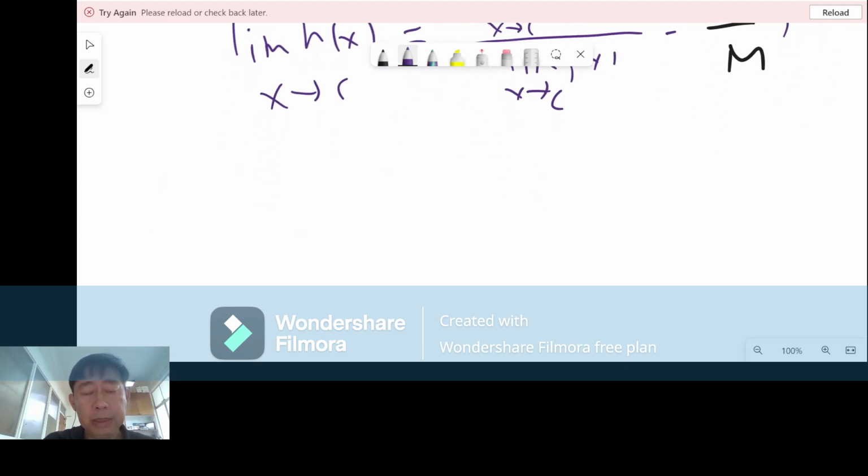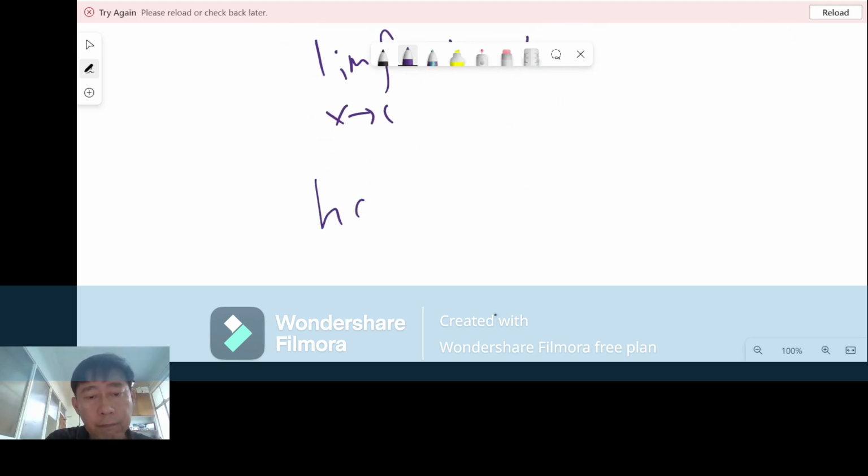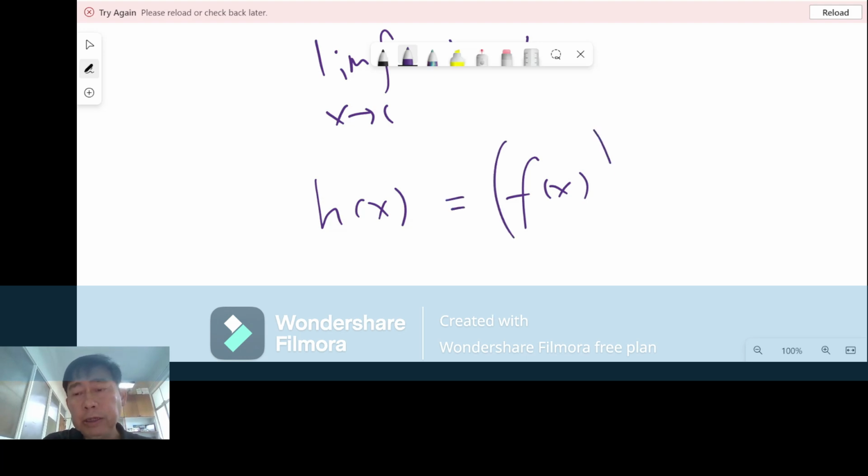Then the last item in theorem 1 is that if you have a function f and the limit of f is known to be L, and you have a function h which is the function f raised to a power of a fraction r over s, where r and s are just two numbers, I think r and s could be any real numbers.